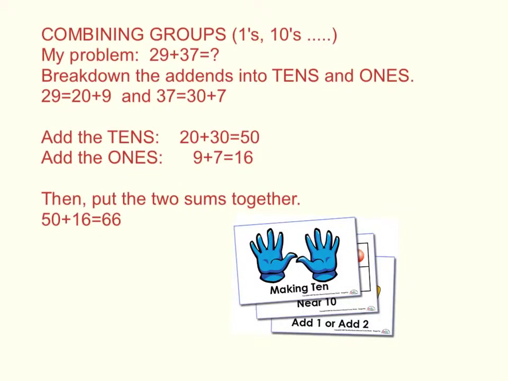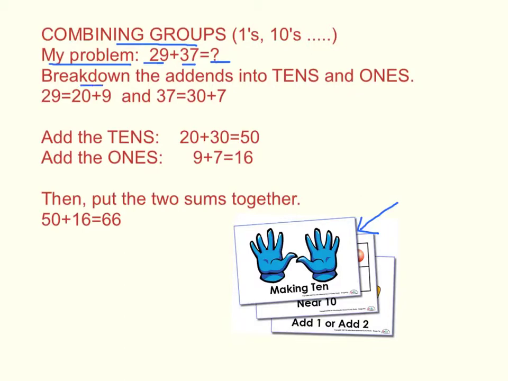This strategy is called combining groups. I like to think of it as making tens. So the problem, your two addends are 29 plus 37. We're trying to find the sum.